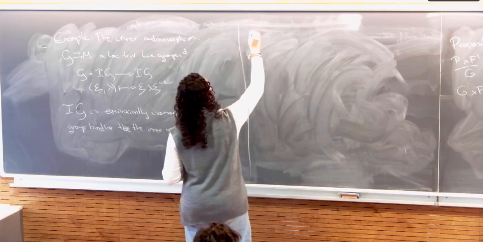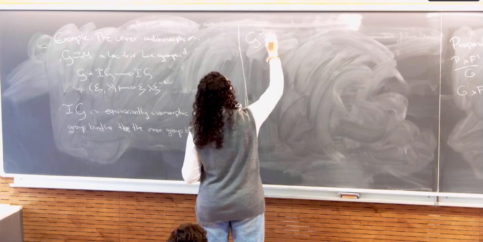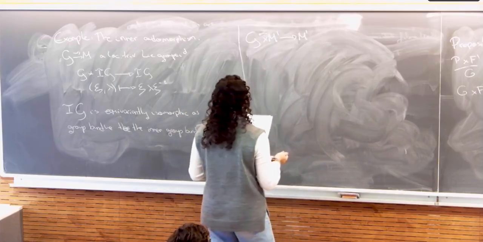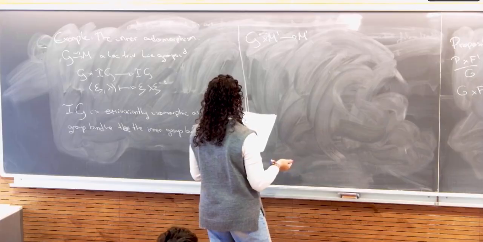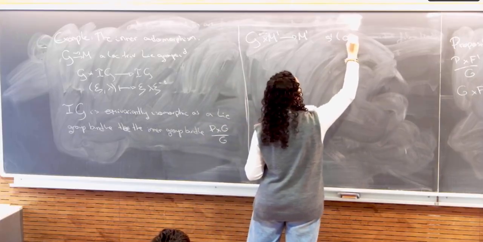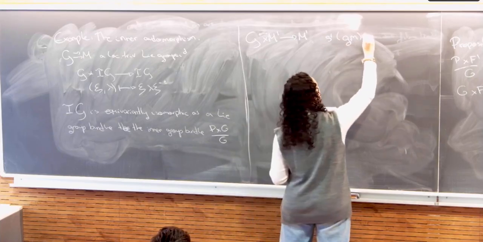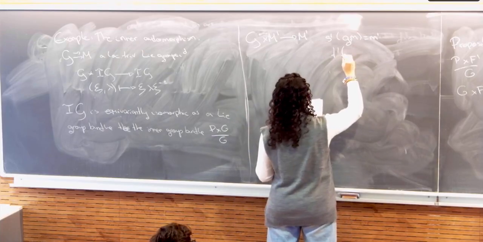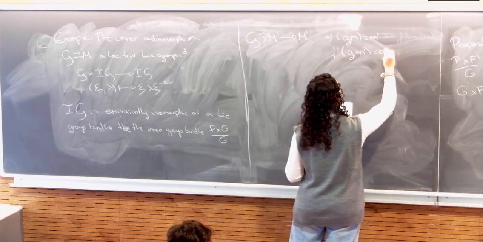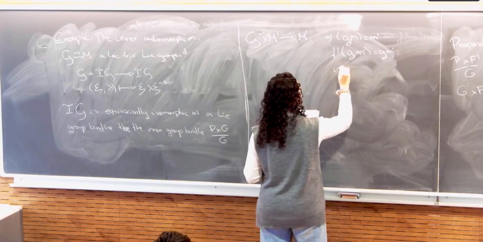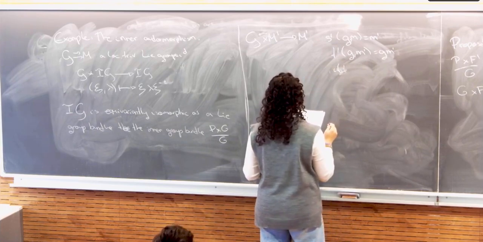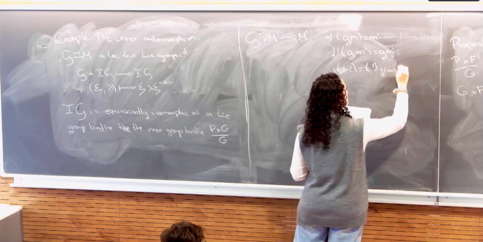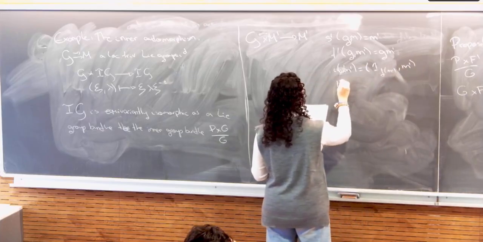So, if we have a Lie groupoid action, we can define the source being this map, the target being this one, and the inclusion, and multiplication.